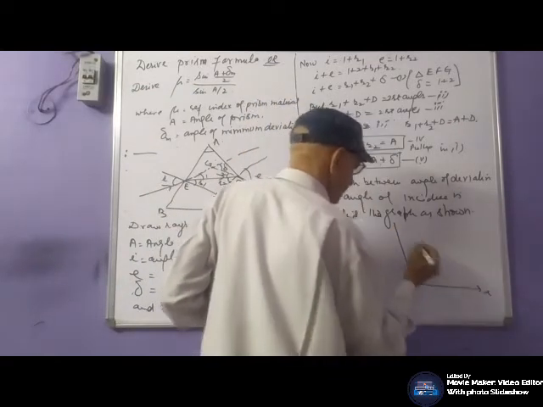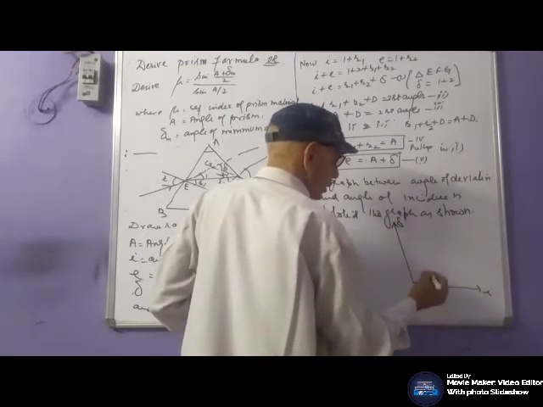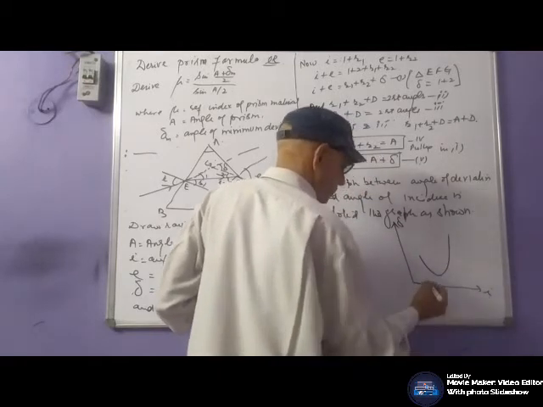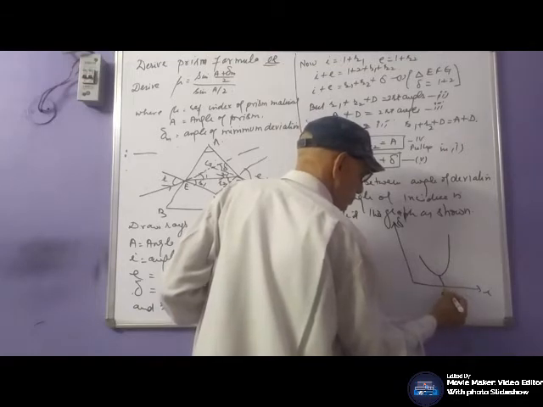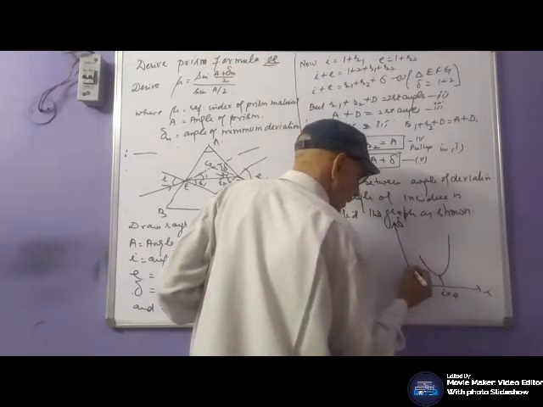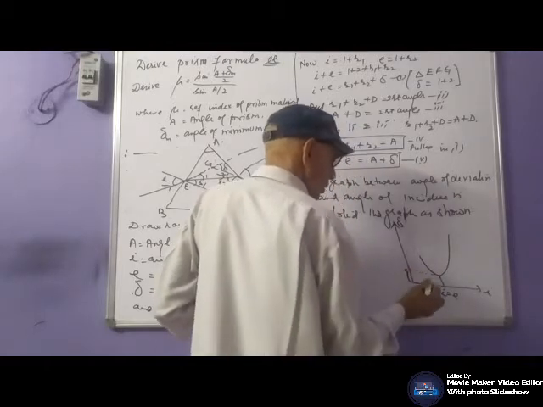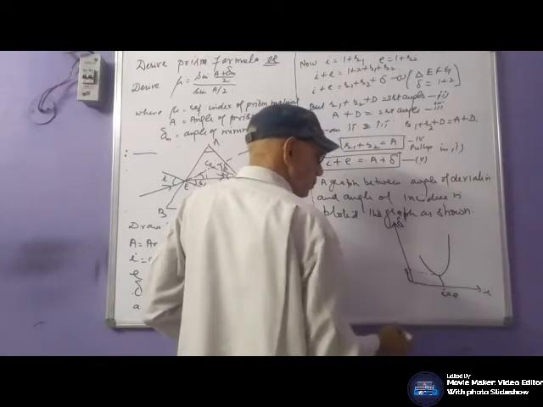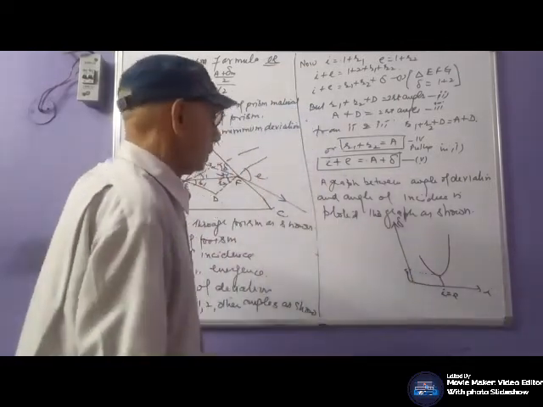This is I, this is delta, this was the graph. At this angle, minimum deviation, I and E was found equal.